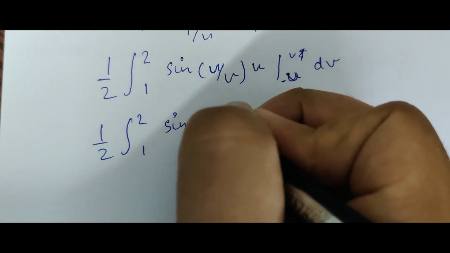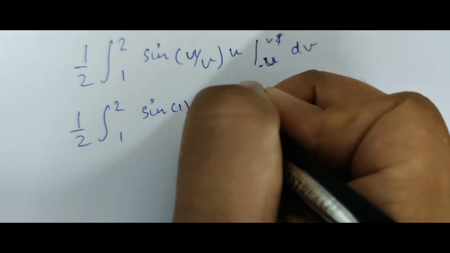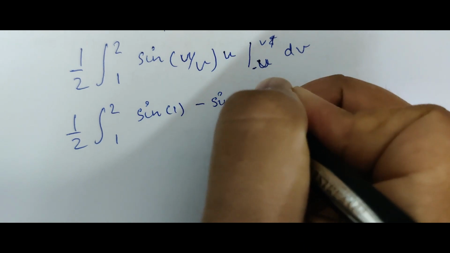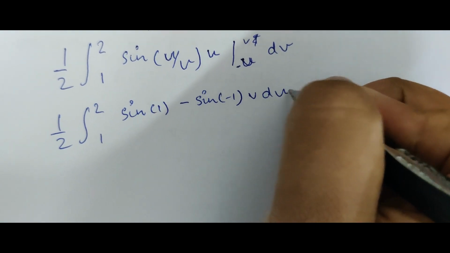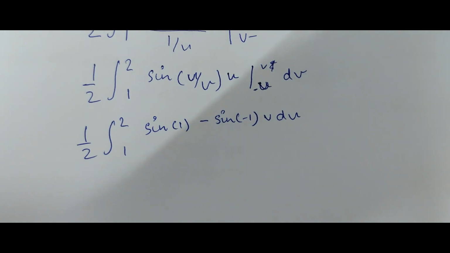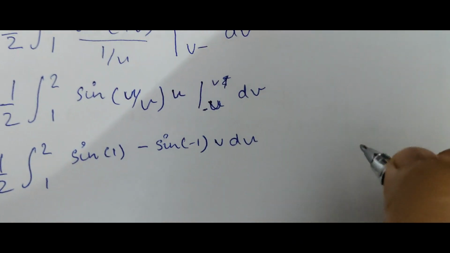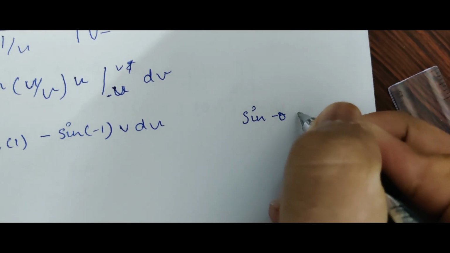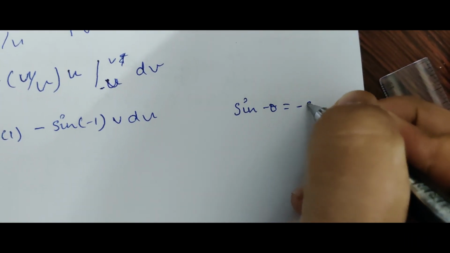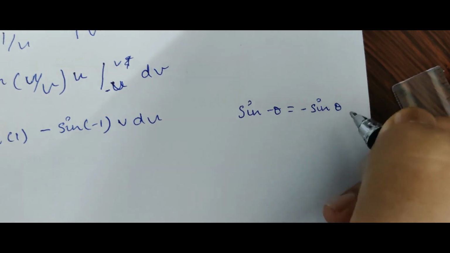Now actually putting in the values, sine, this will become 1 and this becomes minus 1, v dv. We know one thing, that when sine has a negative theta, it can also be written as negative sine theta.